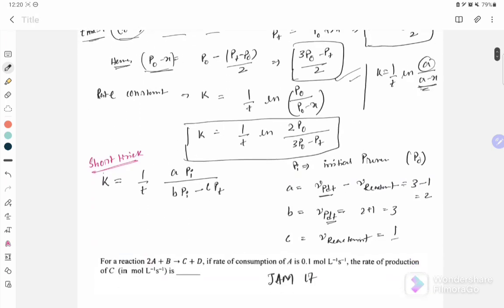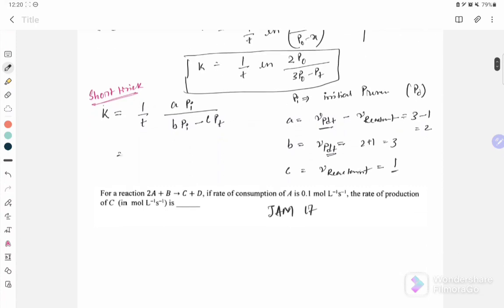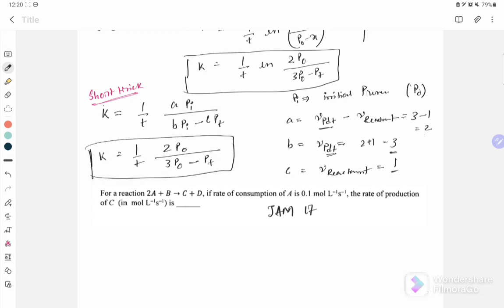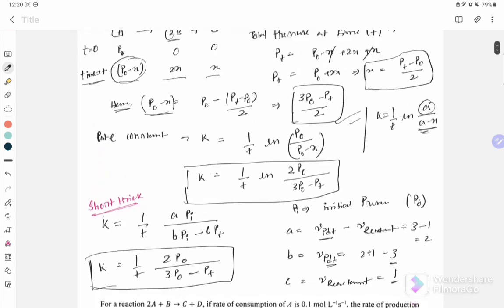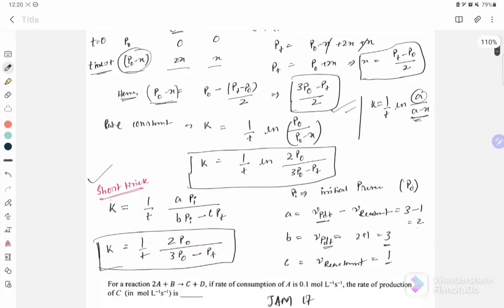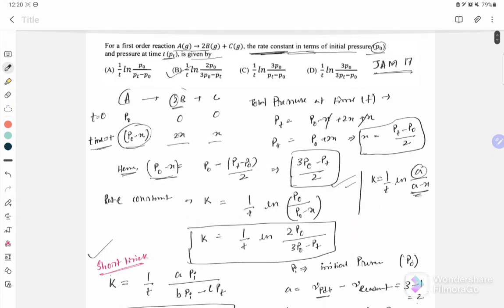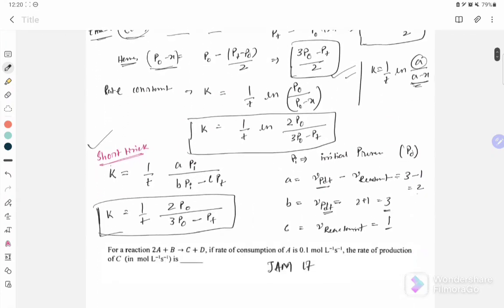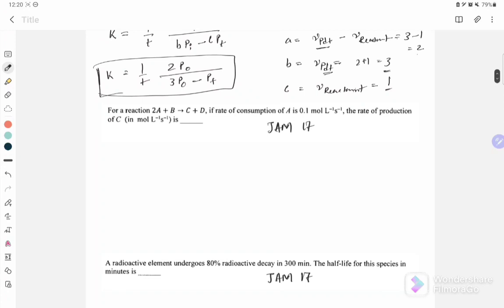So we write 1 by t ln (2 P0) by (3 P0 minus 1 Pt). I can easily derive this one. This is a short trick you can remember, but the whole concept is what you have to remember. Okay, so next question.